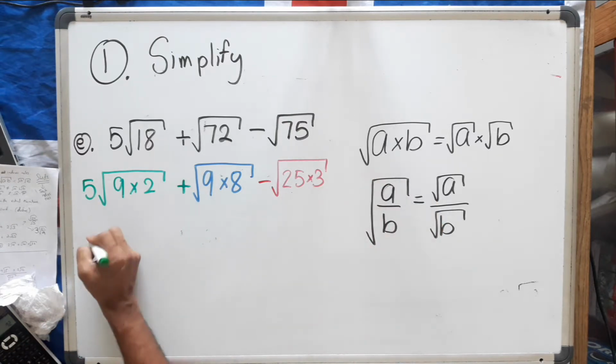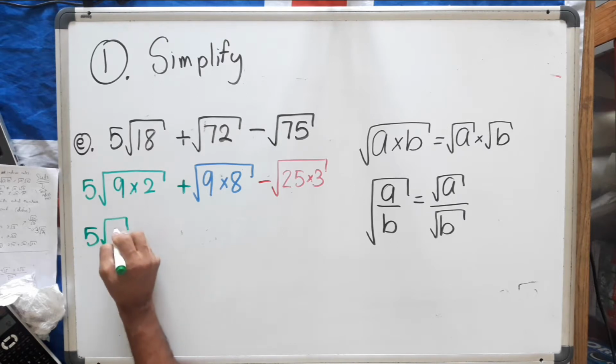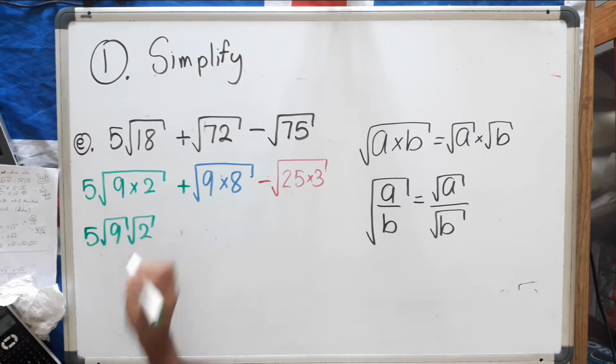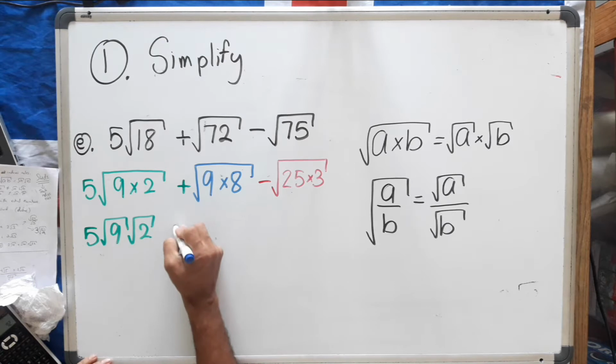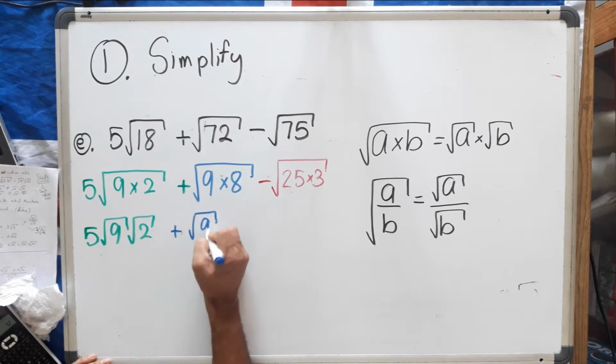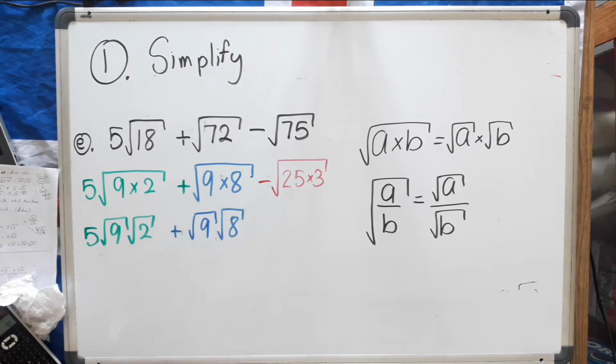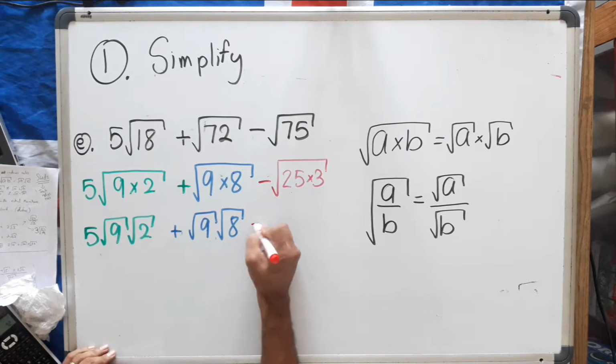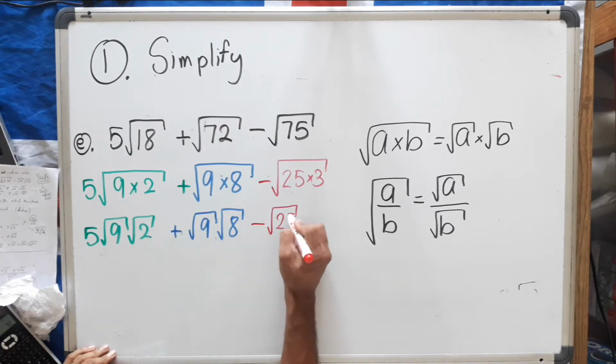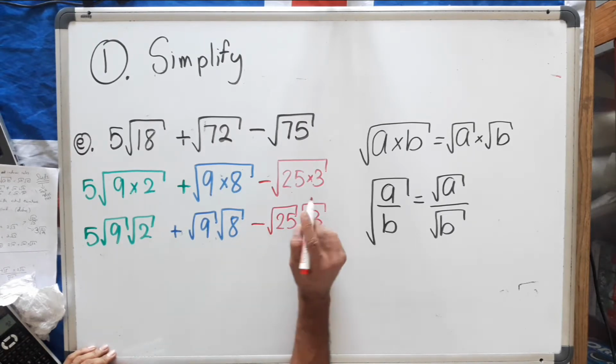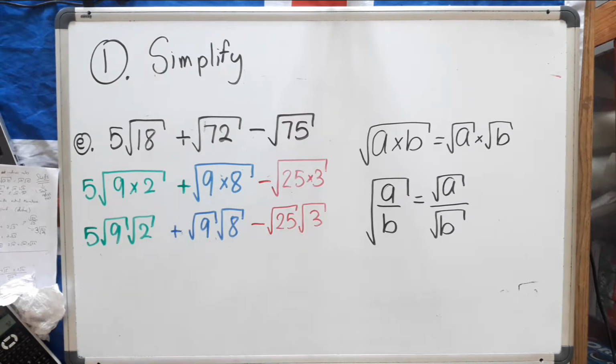So we're going to end up with 5 square root of 9 square root of 2, plus the square root of 9 multiplied by the square root of 8, minus the square root of 25 and the square root of 3. Okay? So this is easily square rooted, easily square rooted, easily square rooted.